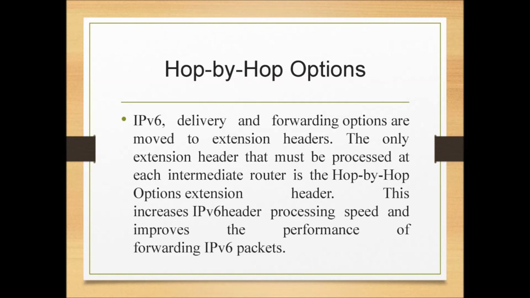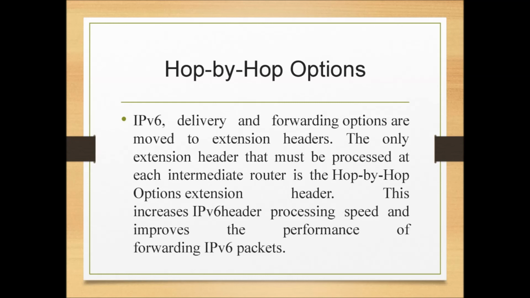Next, the IPv6 header portion is hop by hop options. Dear students, when data is transmitted from one router to another router, this is called hop by hop. Means router 1 is hop 1 and router 2 is hop 2. You can understand this by this example.